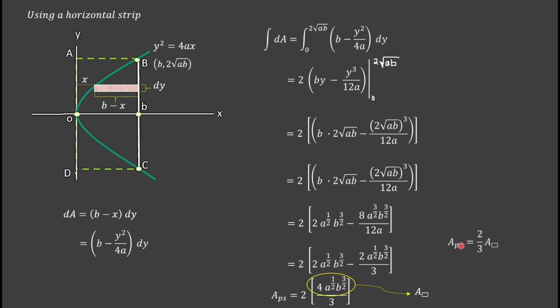Therefore, the area of the parabolic segment when you use the horizontal strip is the same: 2/3 times the area of the circumscribing rectangle.